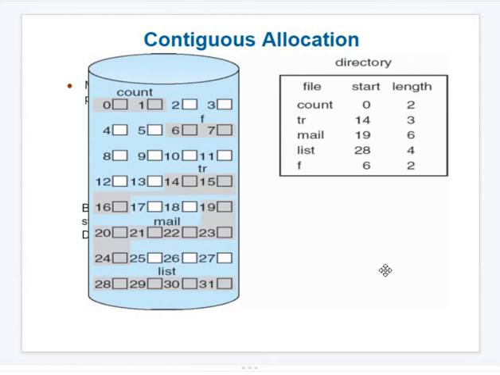The file length is 9. Let's assume it's not continuous, it's linked. So what start will we give? We will give 2. So I will write here start as 2, 2 to 3. Out of 9 I have given 2, 7 more I have to give, 3 to 4, 4 to 5. So 4 blocks I have given, 5 more are required.